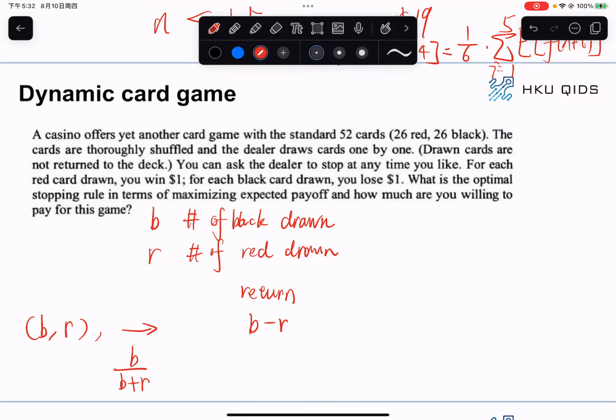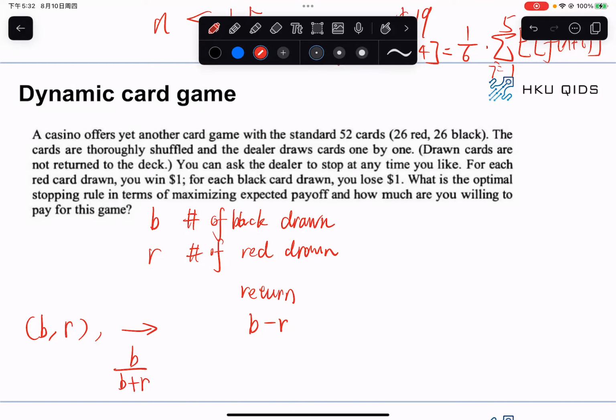If we have drawn B and R, then we are going to have R red cards left and B black cards left, right?